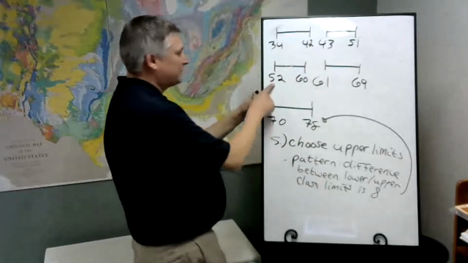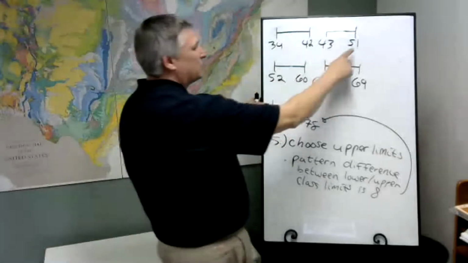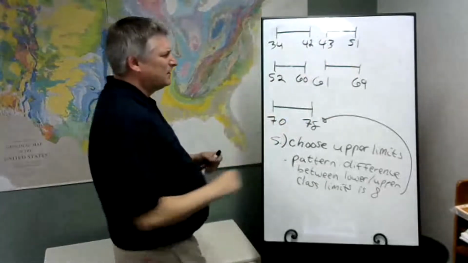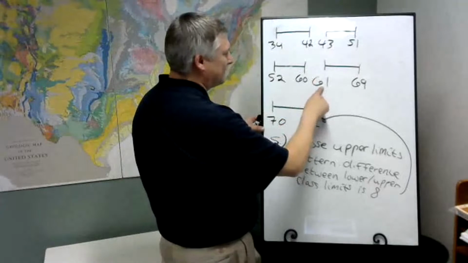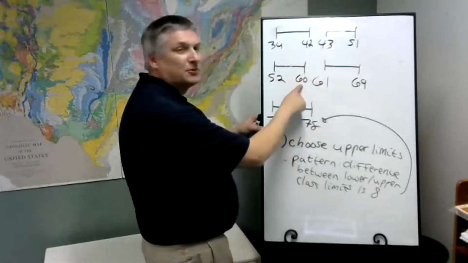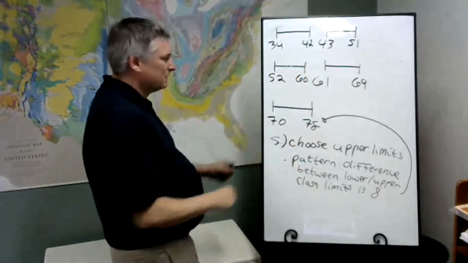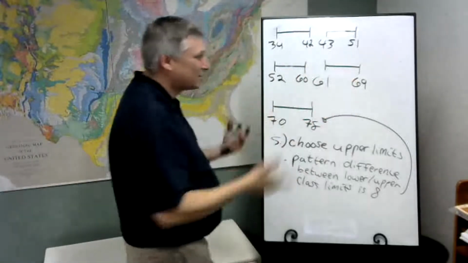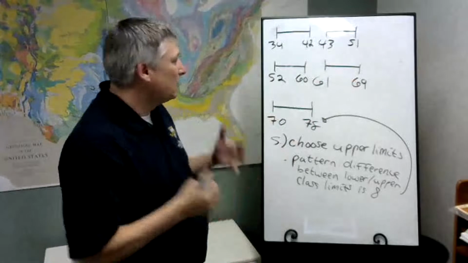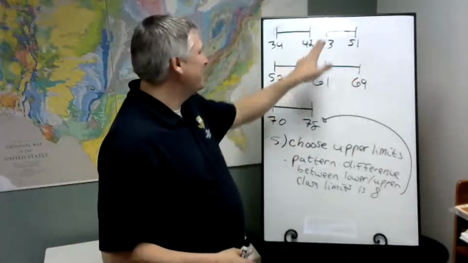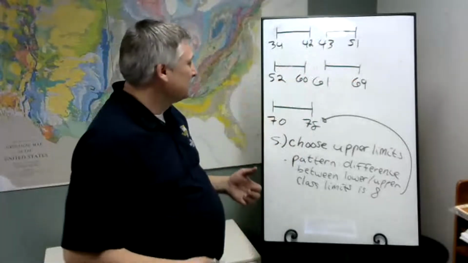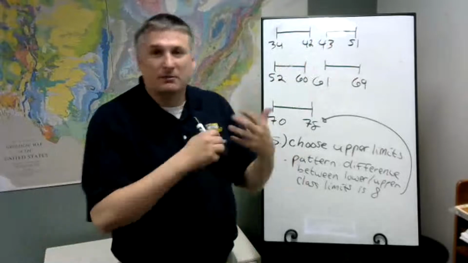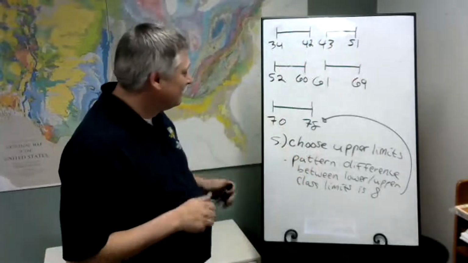The lower limit for this class is 52, so the nearest integer is 51. The lower limit for this class is 61, so I chose the closest integer of 60. The lower limit for this class is 70, so I chose an upper limit. The nearest integer is 69. And the way these have been chosen is I don't have any data falling in the gaps. So anyway, something that I just wanted to make sure would happen.